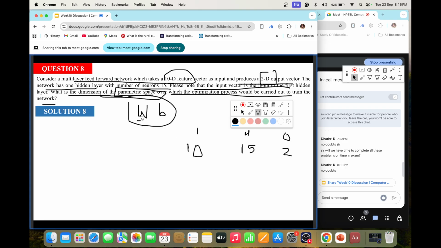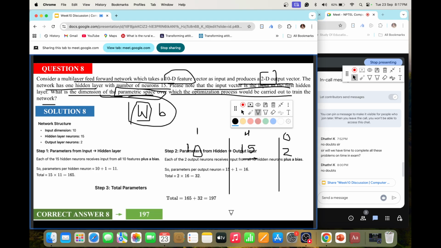But now we have not considered the biases. Each layer will have biases, so we will have 15 biases here and 2 biases here. So 15 plus 2 is 17. So 150 plus 30 plus 15 plus 2, 197 will be the answer.